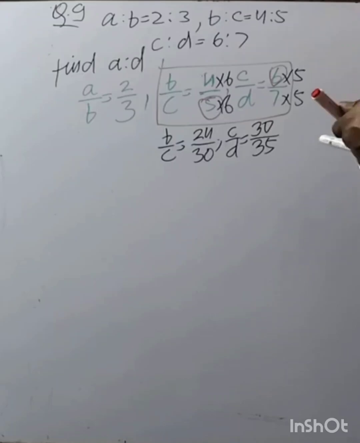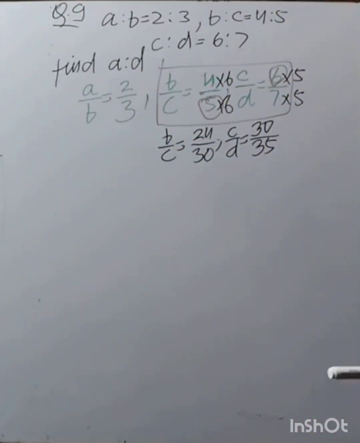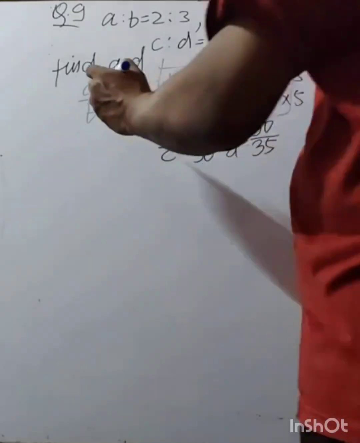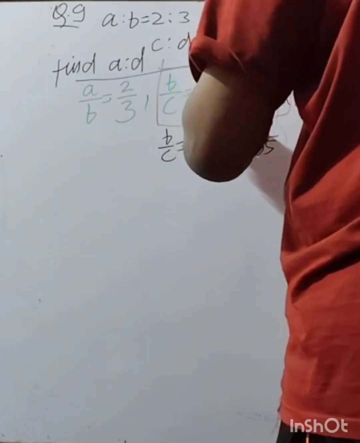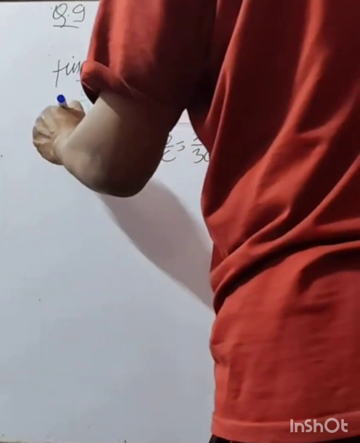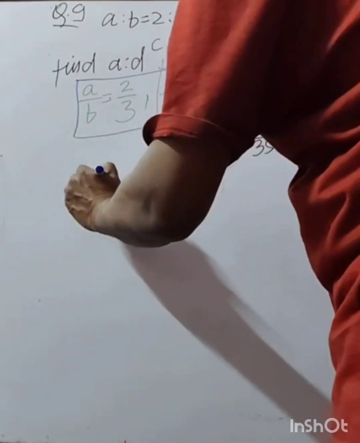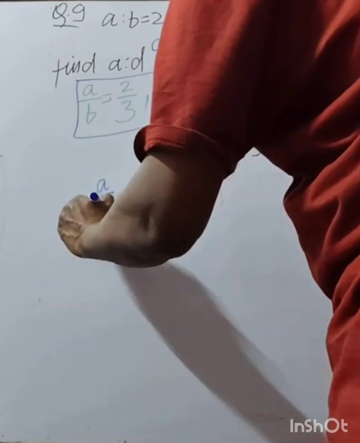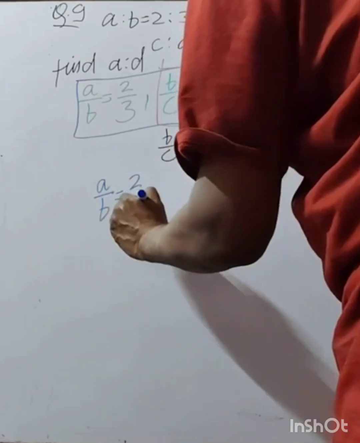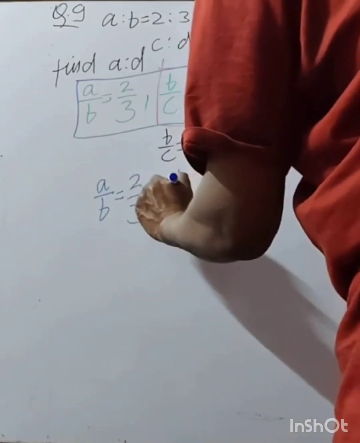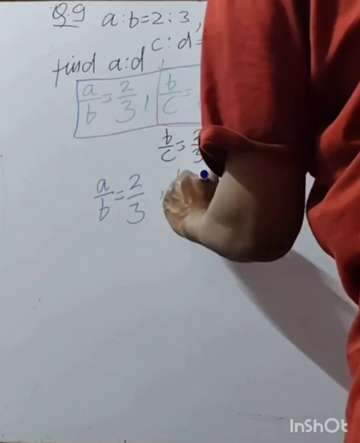Now among these two, A upon B is equal to 2 upon 3 and B upon C is equal to 24 upon 30.